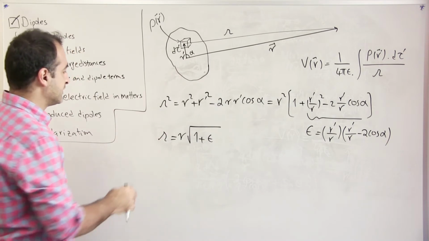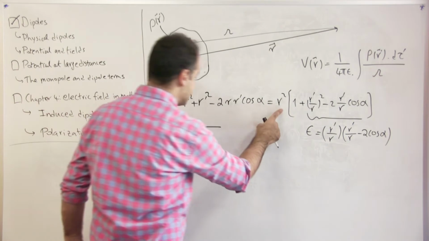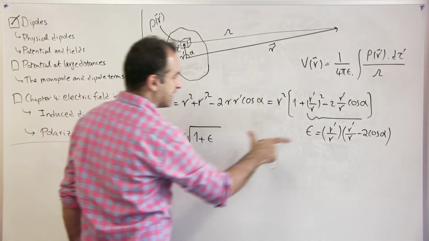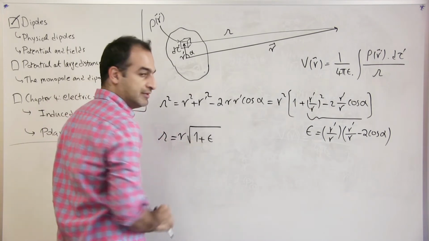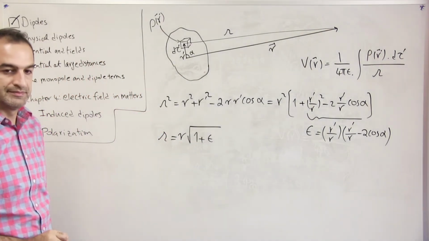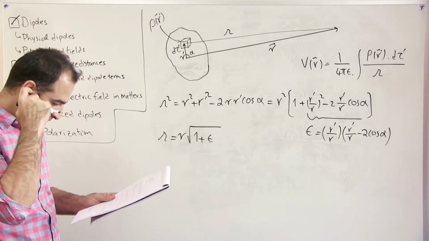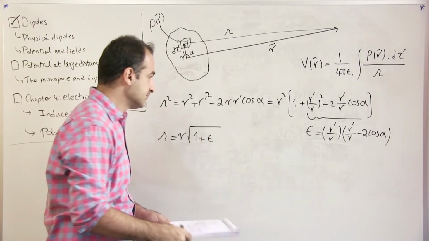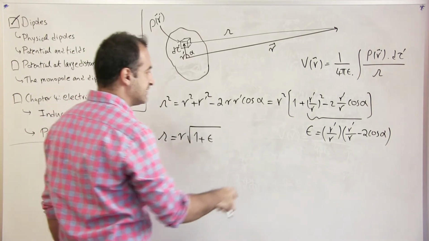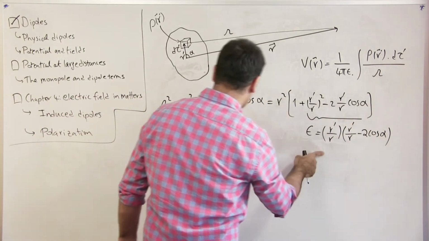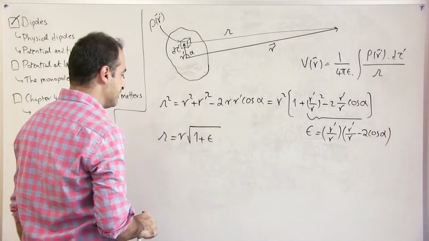Okay, so if you take the square root of this, from this side you get r, from this term you get 1, and the whole term here is 1 plus epsilon under the square root, because we took this square root. Okay. So now, if we expand this term, the whole thing here as a function of epsilon, okay, we get terms.